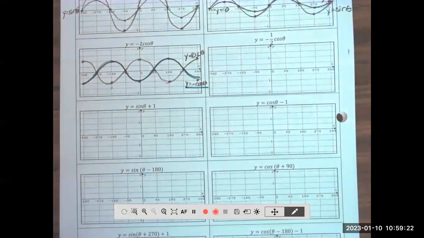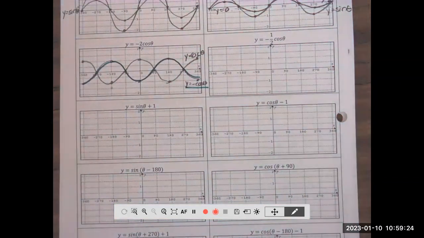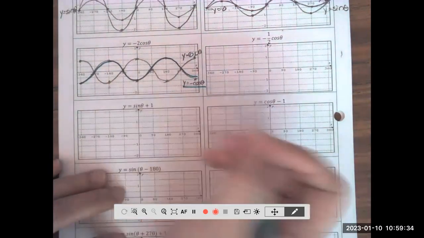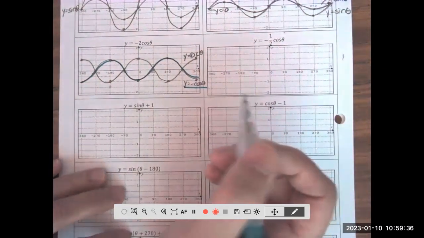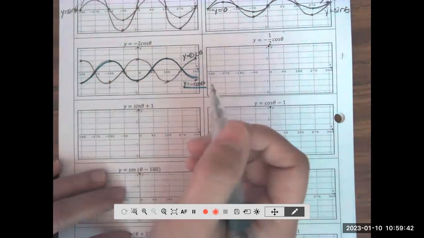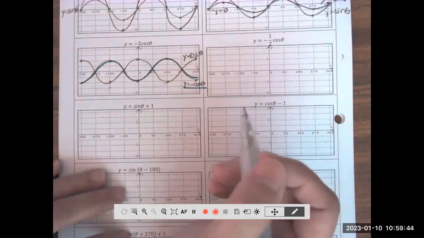So that's this. Okay. And then my last one, what kind of change am I expecting to see for my next transformation? Actually, let's have someone new. Who's there? What type of transformation from the green graph? So my A value is negative 2. How does the A value of 2 affect my graph?